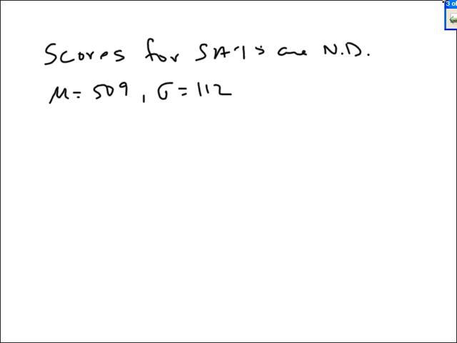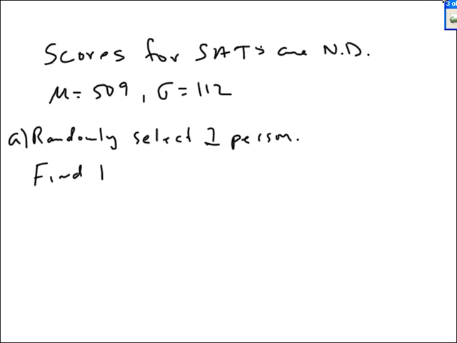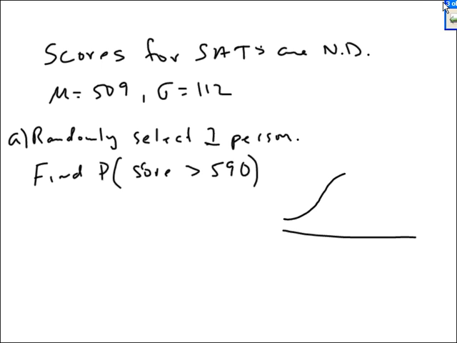Okay. So now, suppose part A, you randomly select just one person. And the problem is, what is the probability that their score is at least 590? Find the probability that the score, with the X in it, is greater than 590. Okay, so what's going on is it's normally distributed.